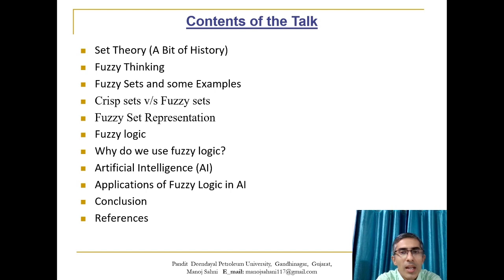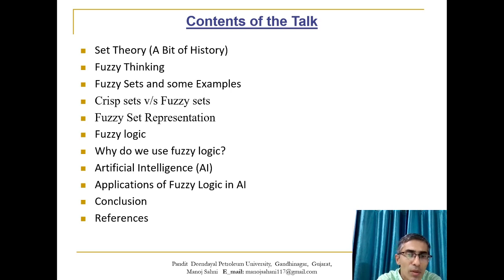So, the contents of my talk will be a brief introduction to set theory, then how the transformation took place from set theory to fuzzy sets, and I'll give you some examples related to fuzzy sets. What are the requirements that led to the development of fuzzy sets, and I will give you the difference between the crisp set and the fuzzy set, with the representation.